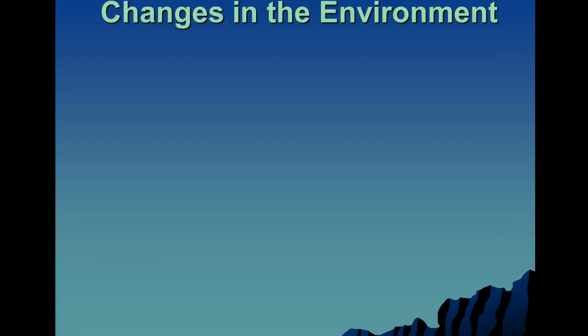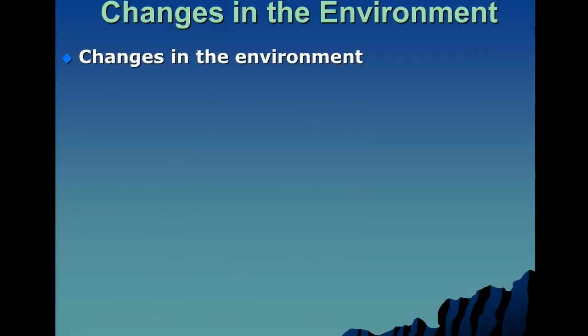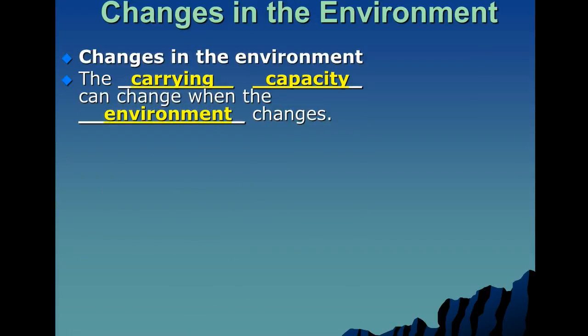Changes in the environment can also influence how many organisms will live there. The carrying capacity, which is the maximum allowed amount of one species, can change when the environment changes.